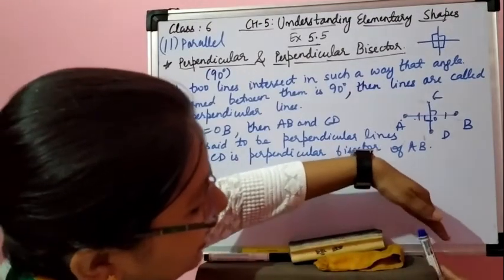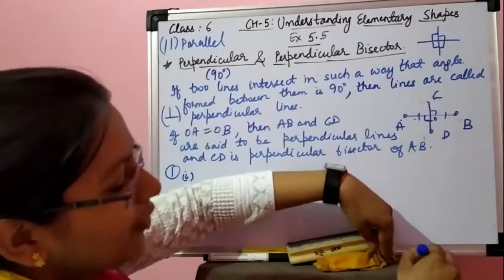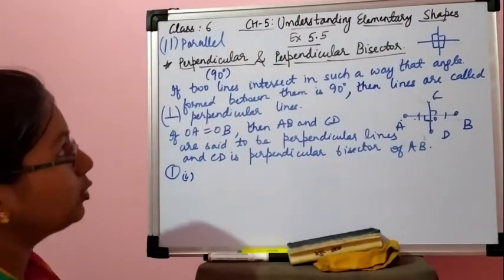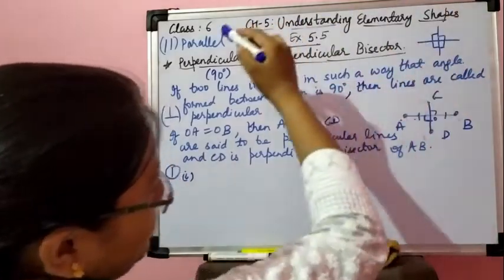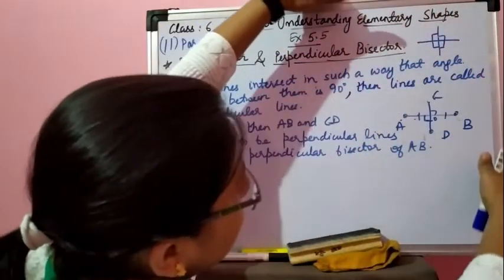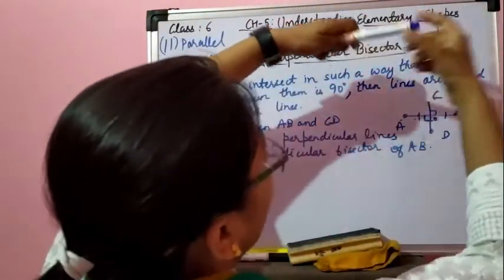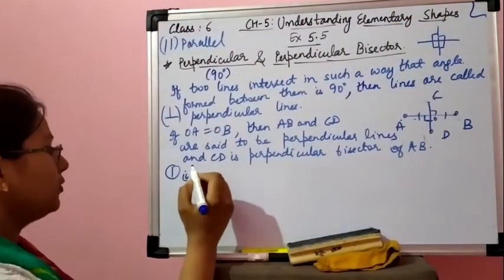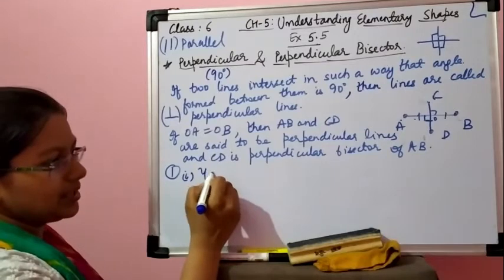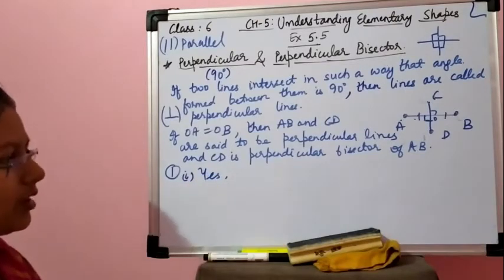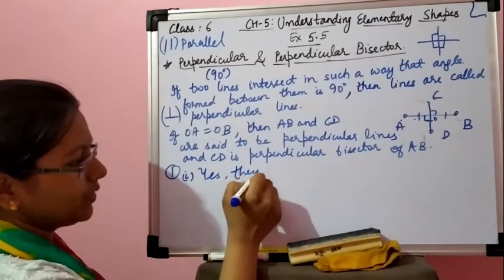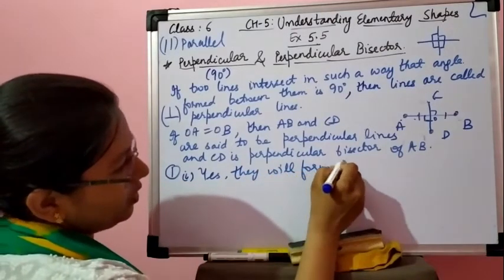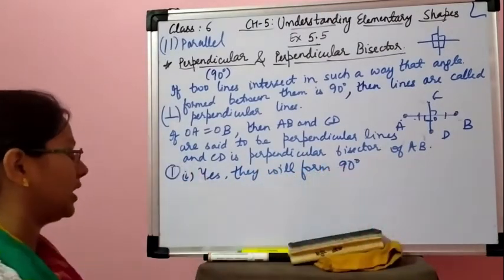So the adjacent sides of a table form 90 degree. You can easily see it on your table also. If you consider this as the table surface, then these two adjacent sides are forming the angle 90 degree. So yes, they will form 90 degree. You are asked which are examples of perpendicular lines.